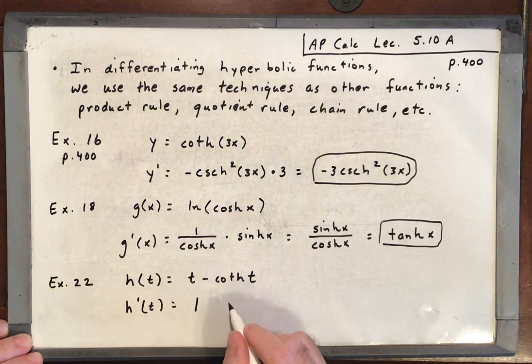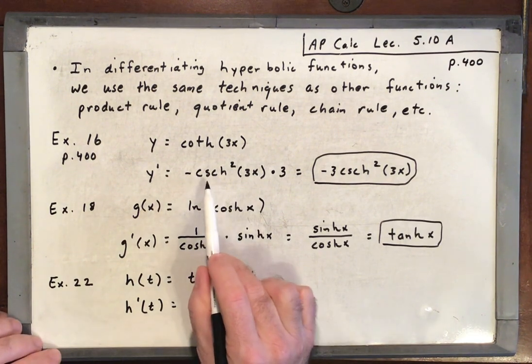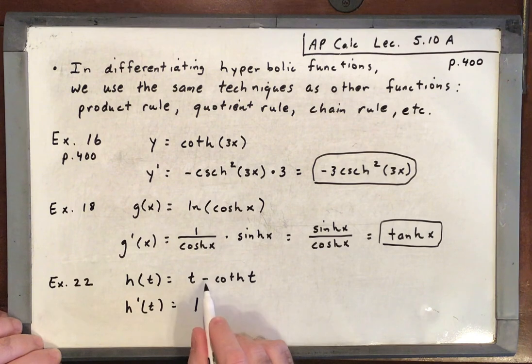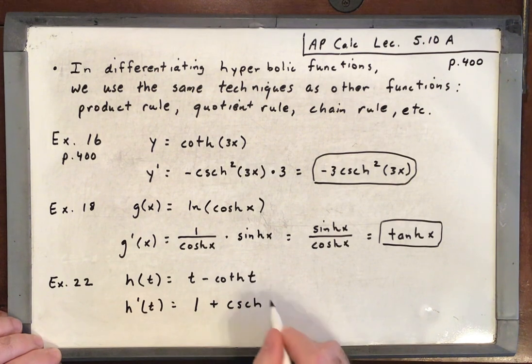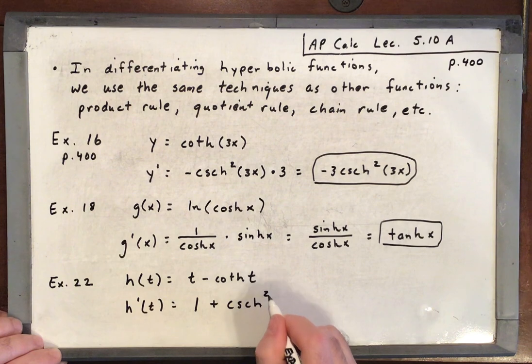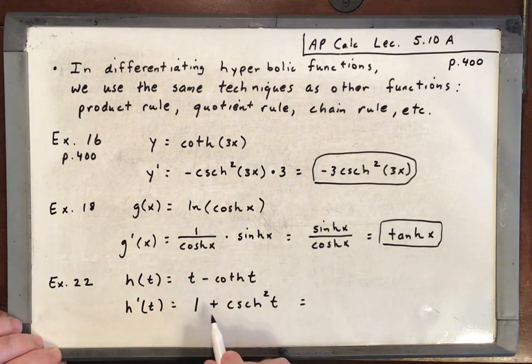It's 1. The derivative of hyperbolic cotangent, we actually did this just a minute ago, is minus hyperbolic cosecant. So minus minus would make a plus hyperbolic cosecant. Don't forget the h. I'll have to count off on your test. Get that h in there. Squared of t.